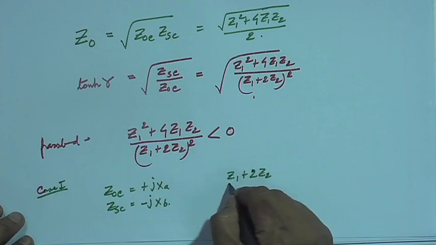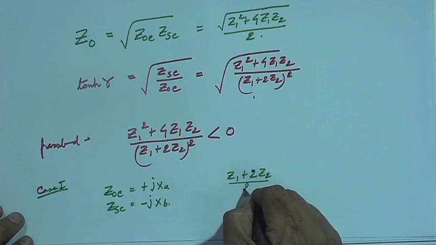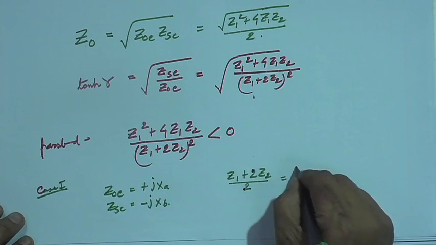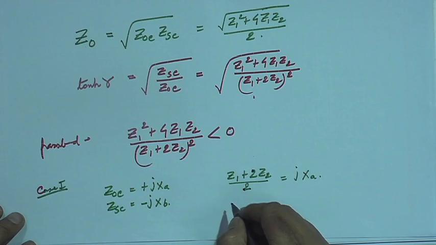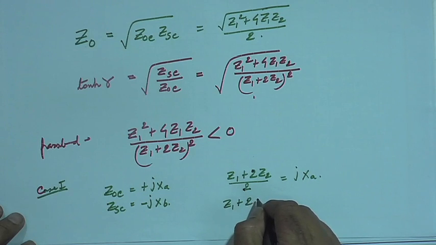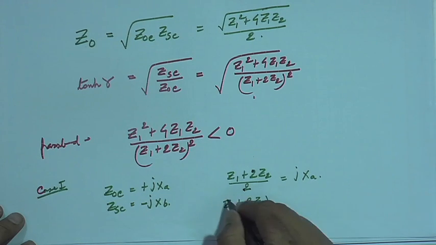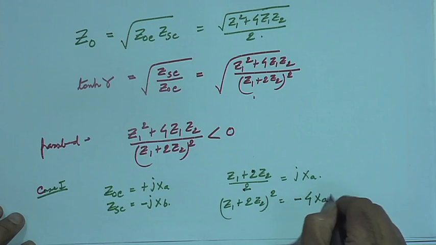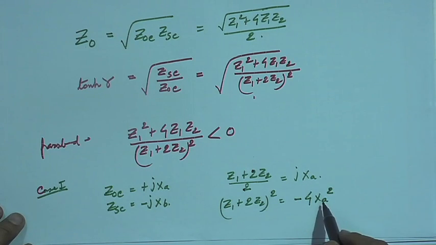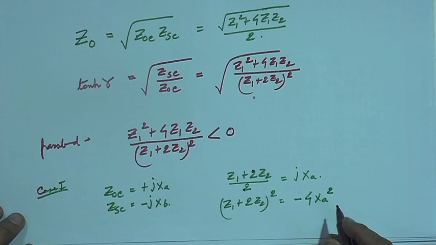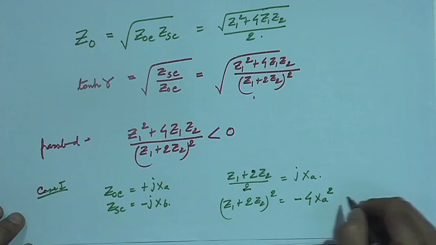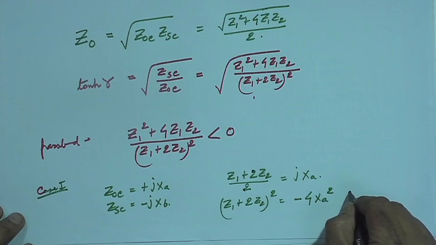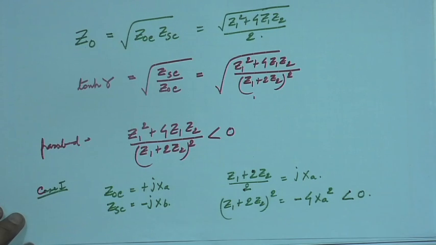It becomes JXA, and (Z1 plus 2Z2) whole square becomes minus 4 XA square. We know XA is a positive real number, so (Z1 plus 2Z2) square is less than 0.